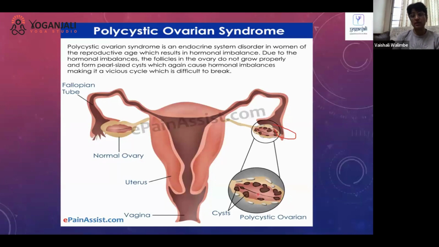So these kinds of cysts are created in the ovary, and there is no fertilization of eggs even if the sperm comes inside the body. This is how PCOD or PCOS is formed.